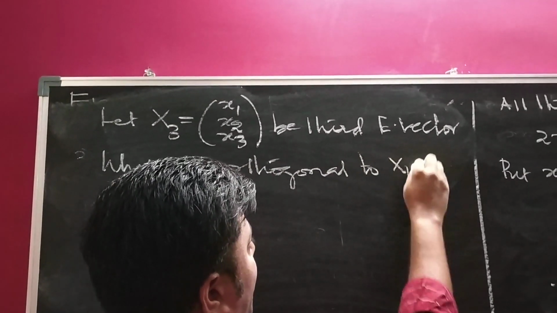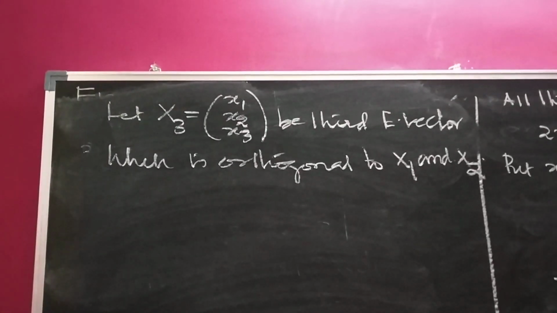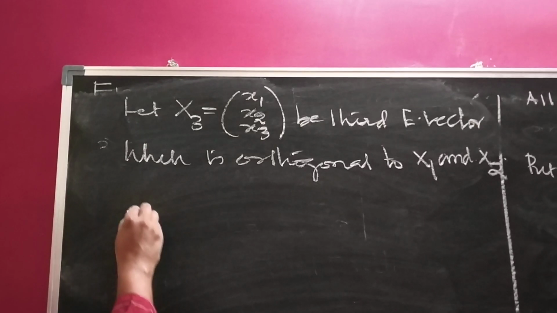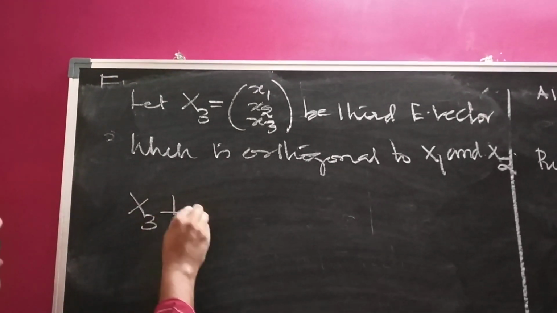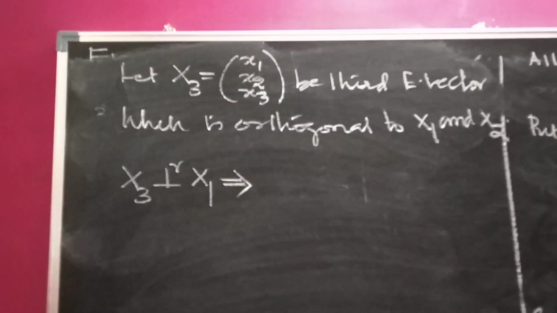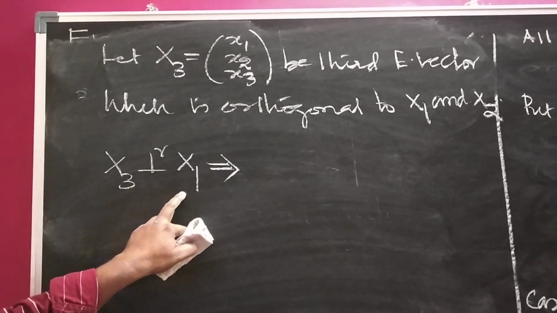Right? All the three eigenvectors are pairwise orthogonal to each other. Therefore, x1 is perpendicular to x2, x2 is perpendicular to x3, x3 is perpendicular to x1. So therefore, x3 perpendicular to x1 implies, perpendicular means A is perpendicular to B, meaning A dot B equal to 0.